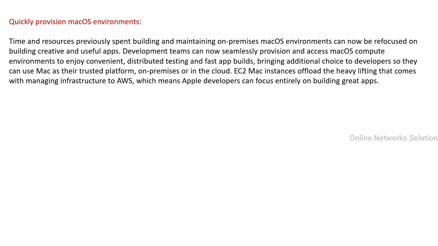Development teams can now seamlessly provision and access Mac OS compute environments to enjoy convenient distributed testing and fast app builds, bringing additional choice to developers so they can use Mac as their trusted platform on premise or in the cloud.